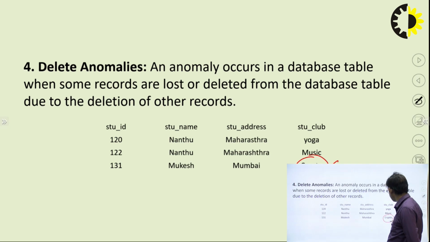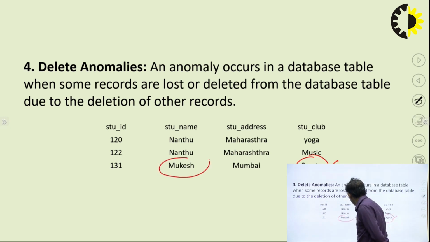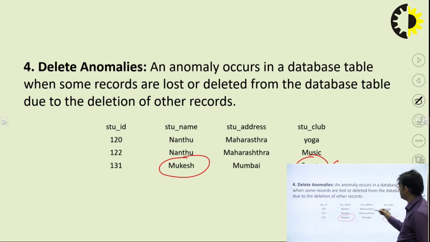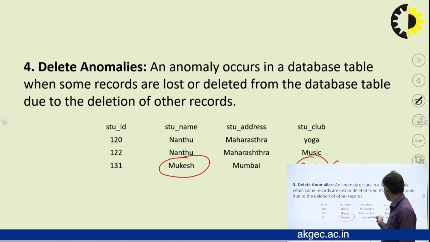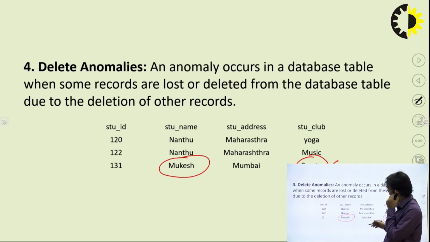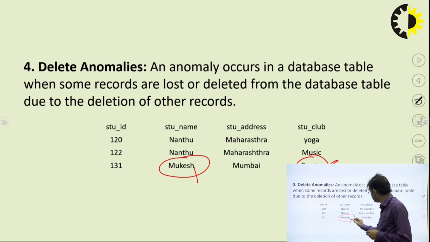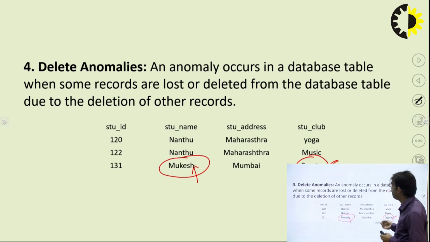Then we have to remove this, and the record of the student is also removed from the database by default. If we remove one value, another value is also removed. If such anomalies exist in a table, we have to handle them too.